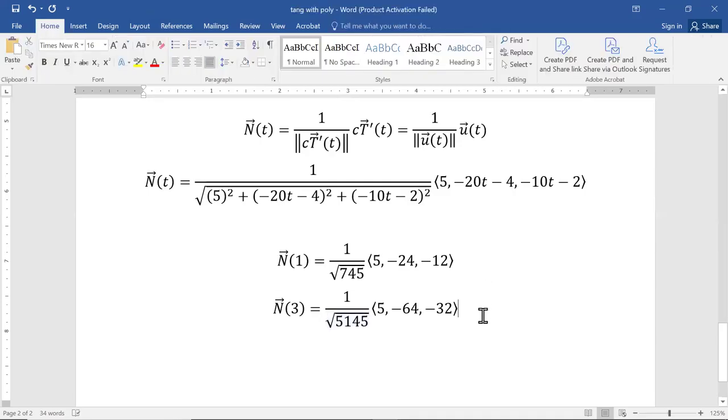So there we go. So that's my unit normal vector at 1, at 3, and then in general.